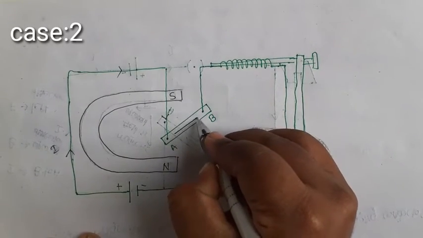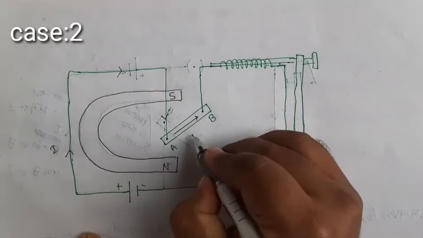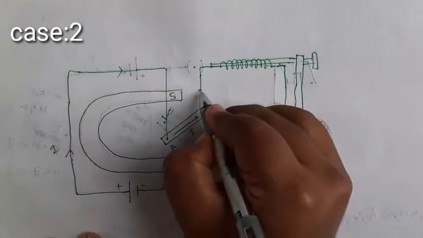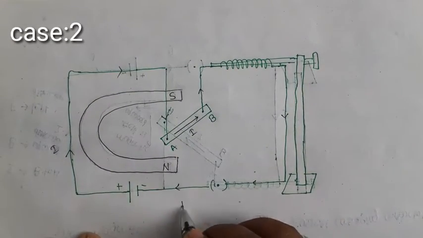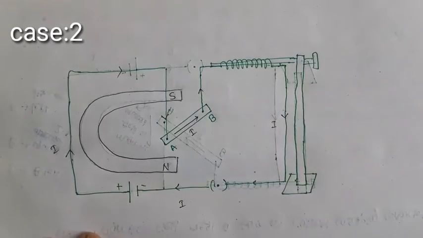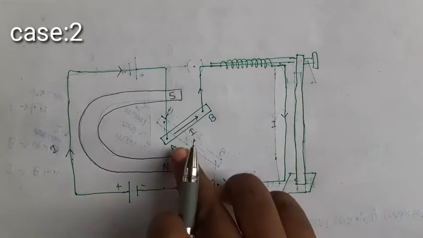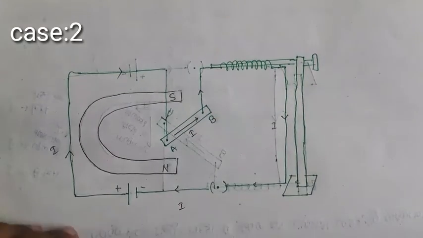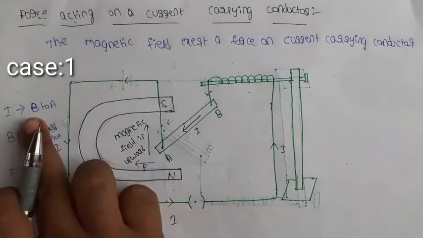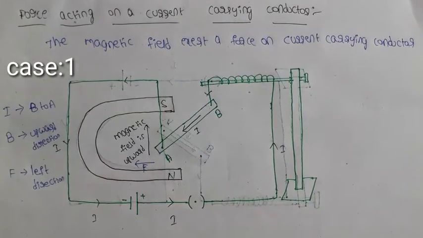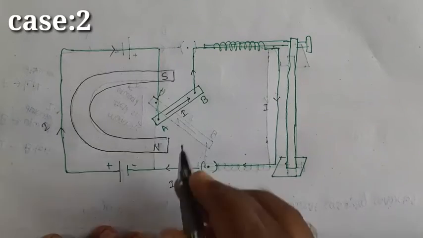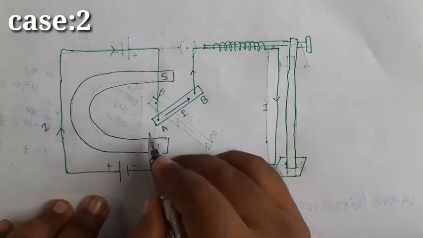In the conductor, what is the direction of the current? A to B. Here the current direction is A to B. But in case 1, the current direction is B to A. Case 2 is A to B. Here what is the direction of the magnetic field?